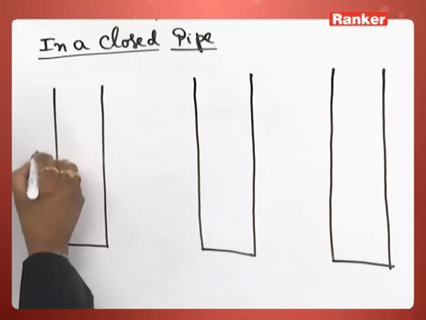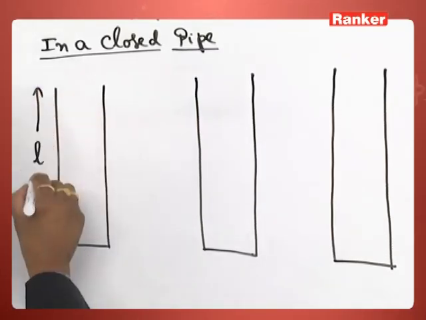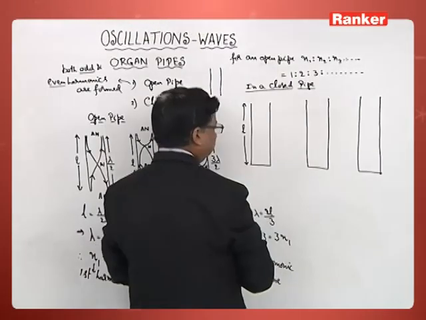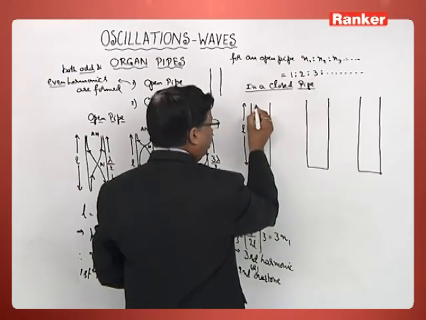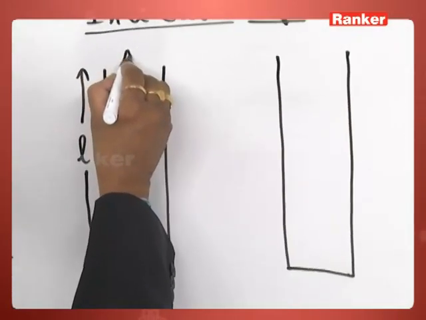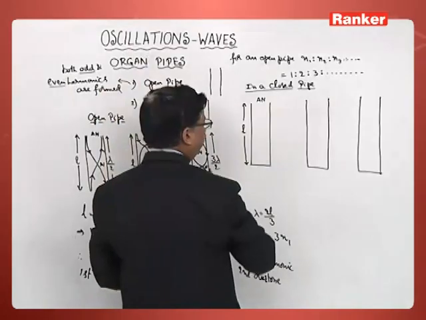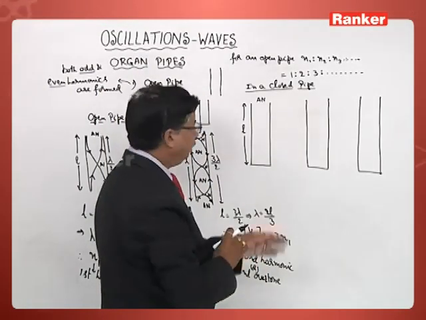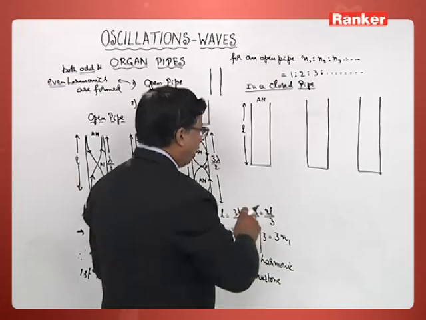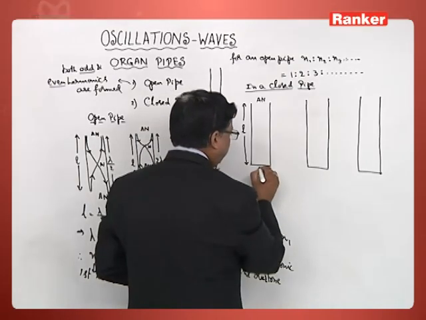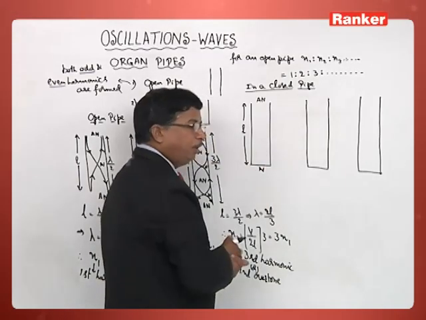The geometric length of this tube I am considering to be L. And we know this is an open end, therefore an antinode will be formed. That is a must. And this is a closed end, therefore we need to get the formation of a node there.